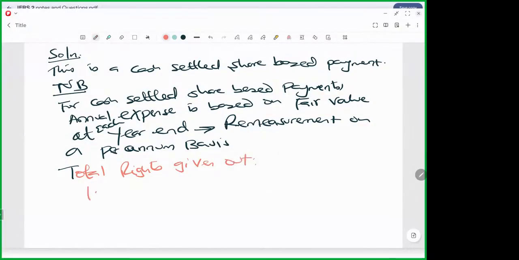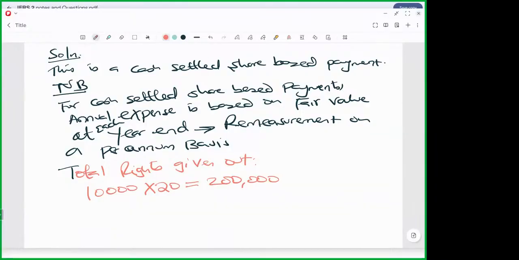Remember there were 10,000 options given, times 20 of them, which gives me 200,000. It's very important. This time around, I'm not multiplying them with the grant date fair value, because that will be changing.